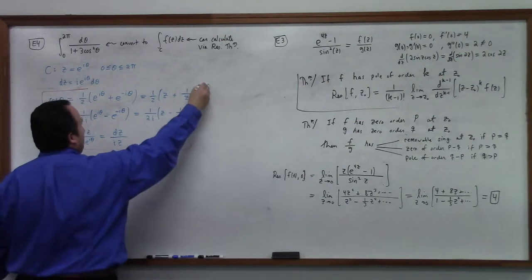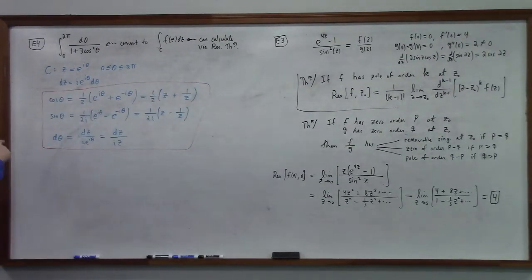These three substitutions allow us to convert an integral over sines and cosines of theta integrated from 0 to 2 pi to a corresponding integral around the unit circle of a particular rational function of z.